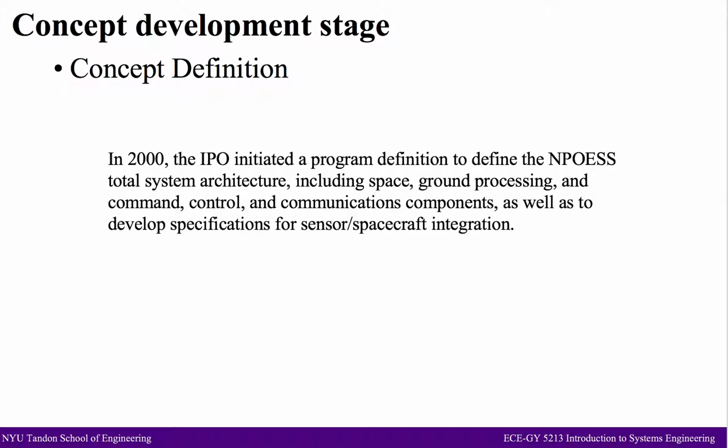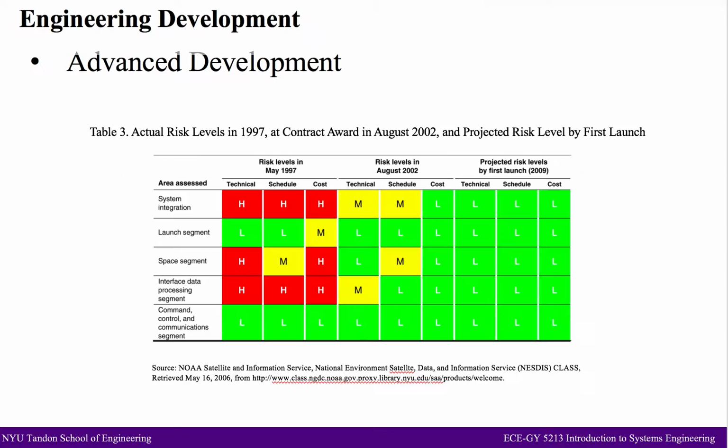So after the concept has been built, let's look at the advanced development stage. According to our lecture notes, the main purpose of the advanced development phase is the identification and reduction of development risk.